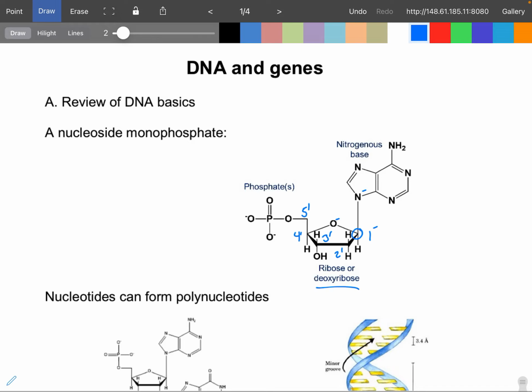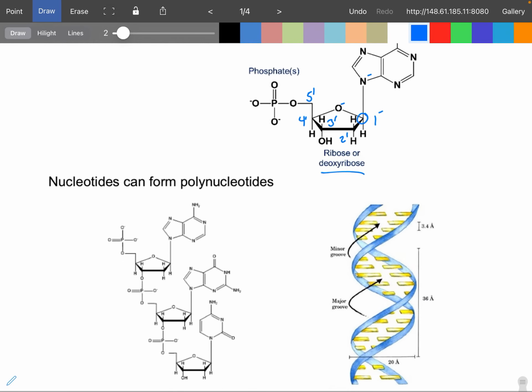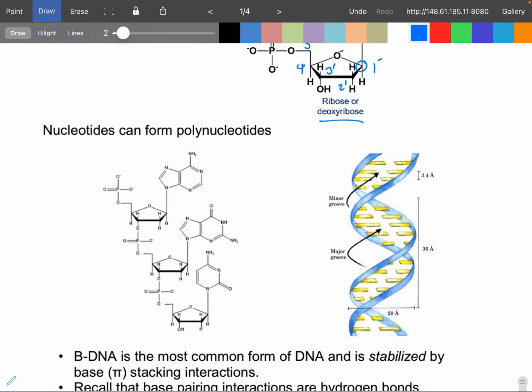And of course, speaking of DNA, nucleotides can form polynucleotides, that is polymers of these that are connected via phosphodiester linkages, in this case shown right here and here. And remember again, this is the 1', here's 2', 3', 4', and 5'.